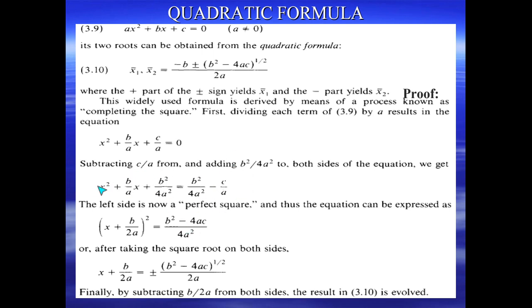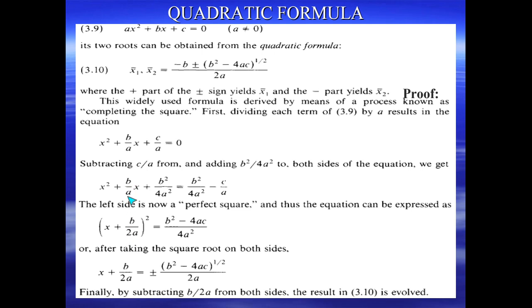And what we obtain at the left hand side, you see, x squared plus b over a x plus b squared over 4a squared. But this is a complete square. It is the square of x plus b over 2a. If you don't believe me, you can just multiply. You can just open this square, x plus b over 2a squared: x squared plus b squared over 4a squared, which is here, and 2 times the product of them, 2 times bx over 2a.